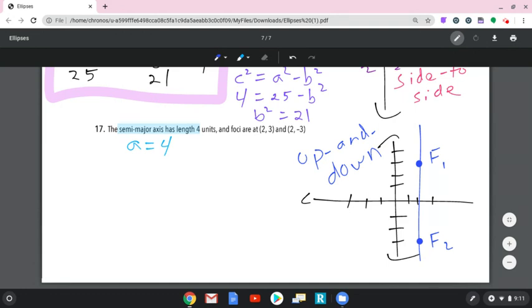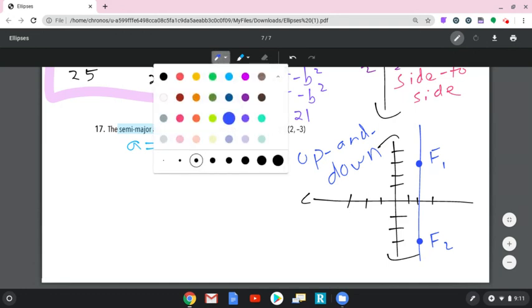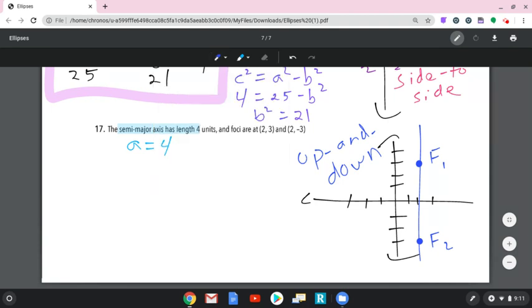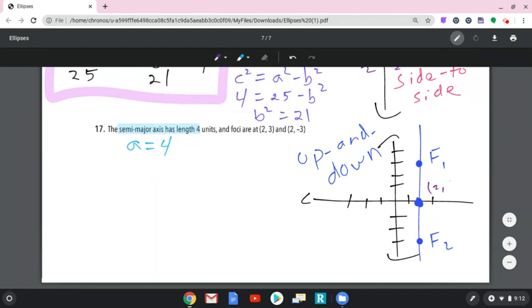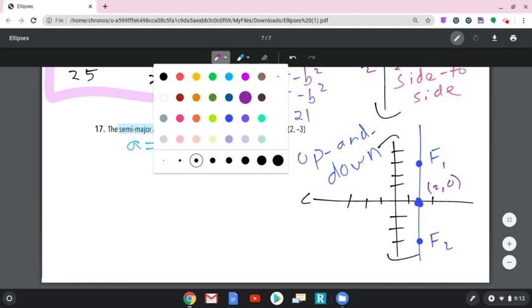Now remember, the midpoint of your foci will be your center. So if I look here, where is that center? Your center is at (2, 0). That is my center right there at (2, 0).